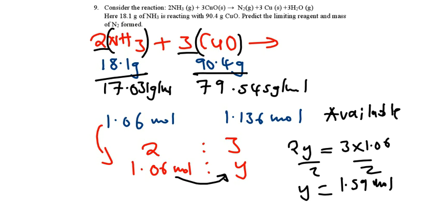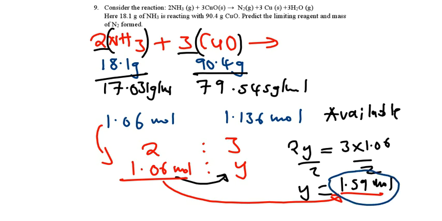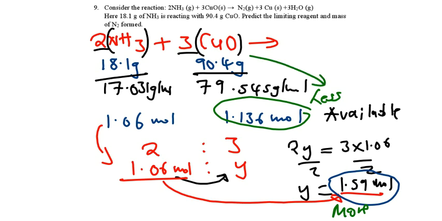The 1.59 moles is the number of moles of copper(II) oxide that would react exactly with this number of moles of ammonia. If we compare what is required against what was available, what is required is more and what is available is less, implying that the copper(II) oxide is not enough.